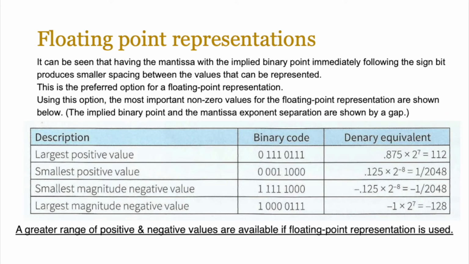111 is the mantissa part, and 0111 is the exponent part. So the mantissa part, because the binary point is to the left of it, is a half plus a quarter plus an eighth, which equals 0.5 plus 0.25 plus 0.125, which equates to 0.875.